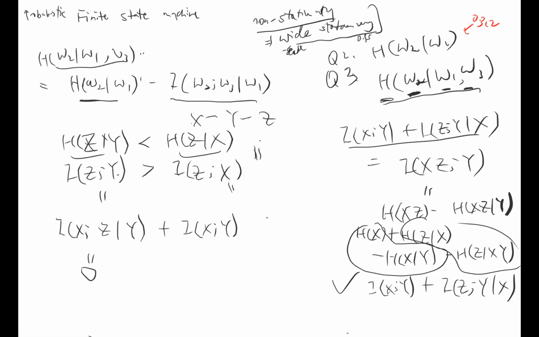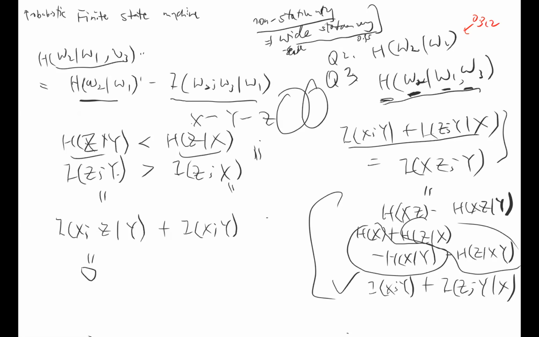So the lesson learned here is that if you are not sure, just write it down. It's like two lines of equations, then you will figure out which way is right. I find it difficult to remember this kind of stuff. Maybe you have better memory, but I can only remember this one, because you can draw the Venn diagram to remember it.